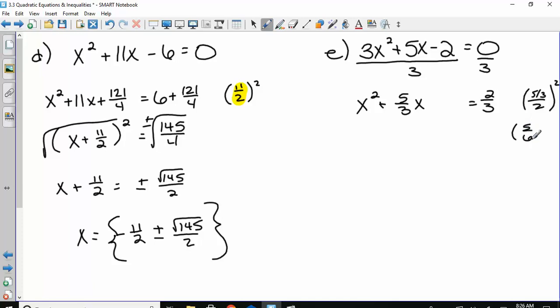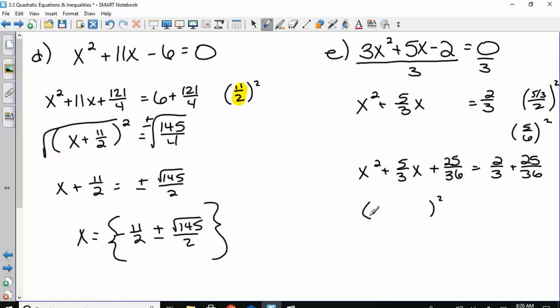So that would be 5 over 6 squared, which is 25 over 36. Honestly, I should have caught it there, but I didn't. So, what does this factor into? X plus 5/6 squared.